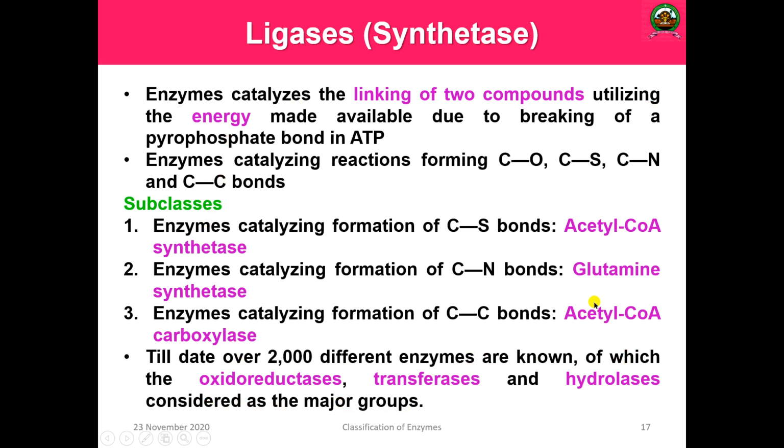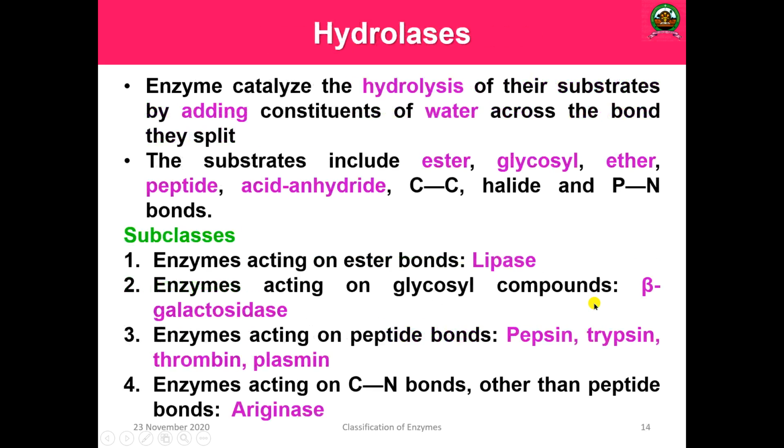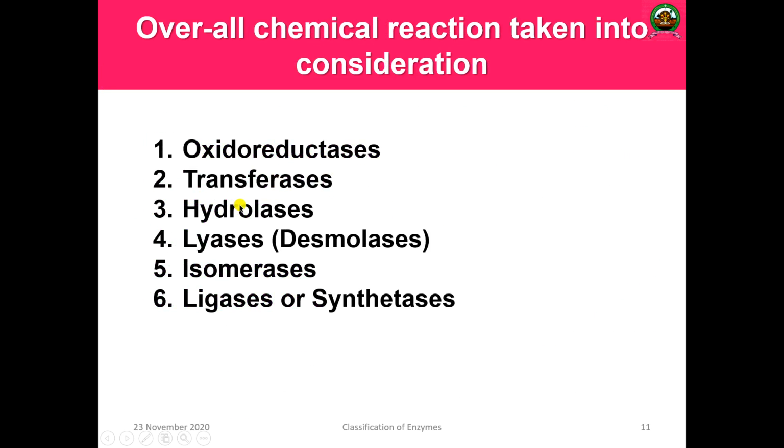So these are the main six groups of the IUB classification: oxidoreductases, transferases, hydrolases, lyases, isomerases and ligases.